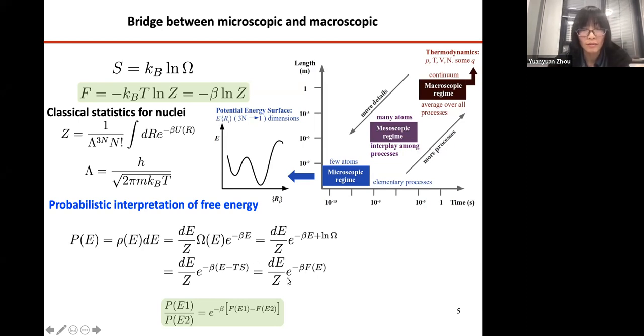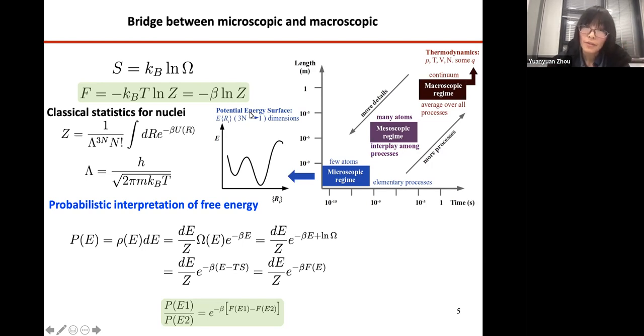In the end, we find that the probability is related to the free energy. So we get this equation: the ratio between the probability to find the system with energy E1 and the probability of the system with energy E2 is a Boltzmann factor of its relative free energy.